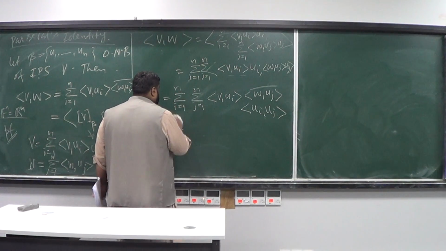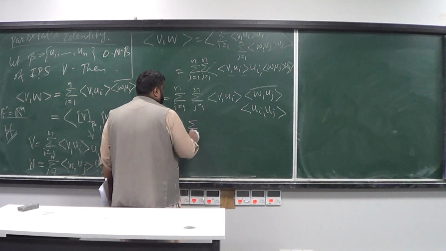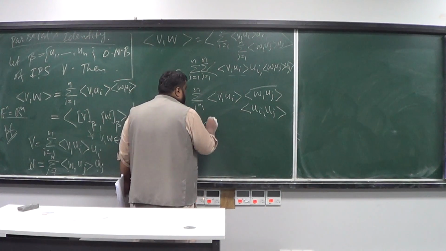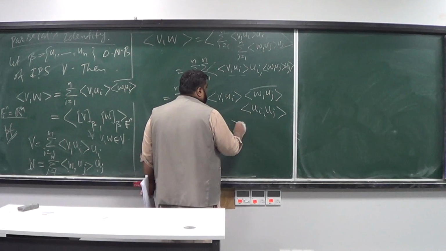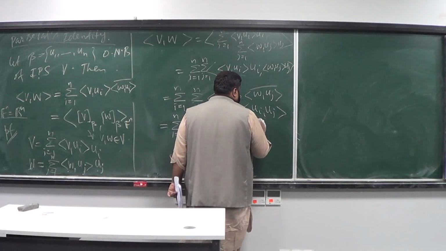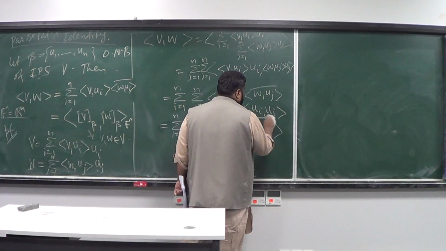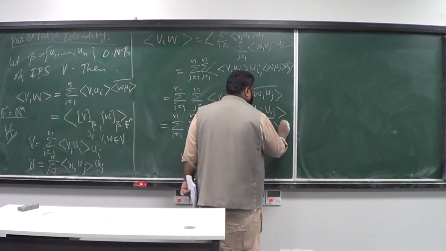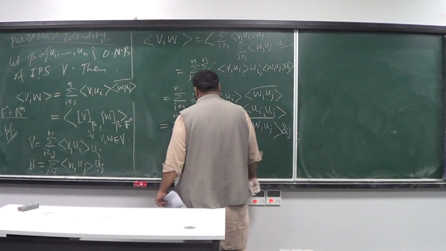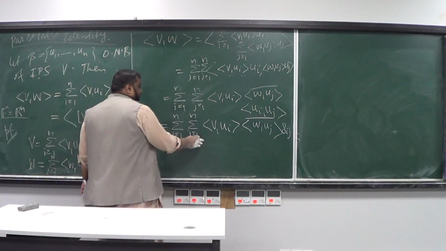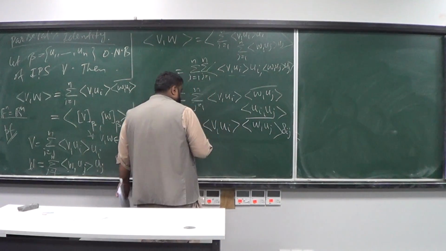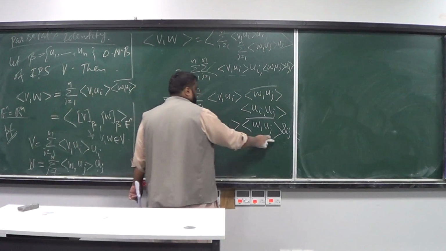So the sum goes from i equal to 1 to n, j goes from 1 to n. So you get ⟨v, ui⟩ times the conjugate of ⟨w, uj⟩, and this is going to be delta ij. Okay. Now in this first sum, this first sum is on j.